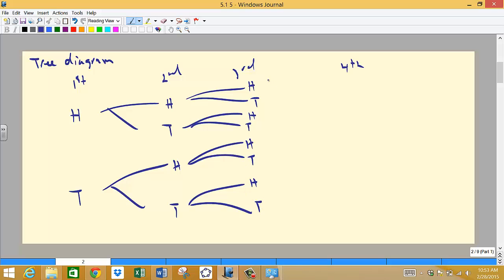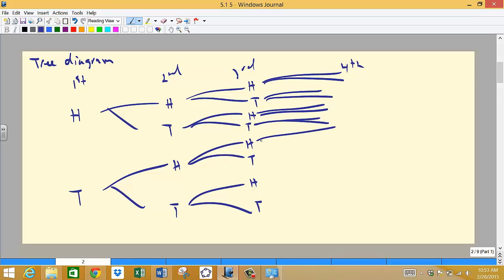It's going to get kind of tight here, and we won't list all these out, but I'll show you how you can do this. Notice this first branch is heads, heads, heads, heads, and then heads, heads, heads, tails.